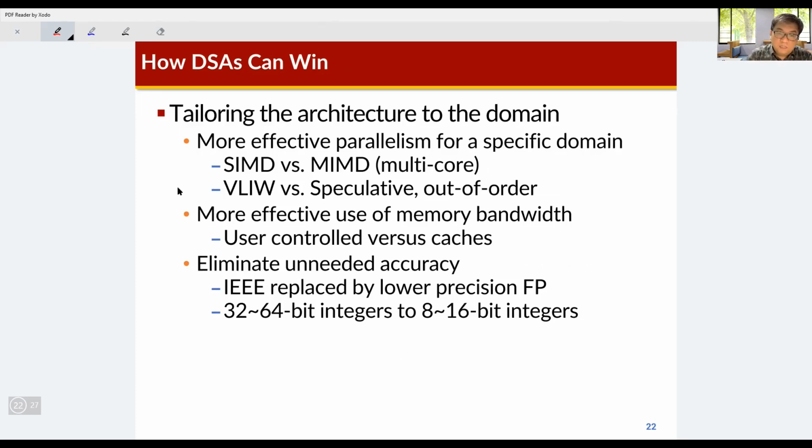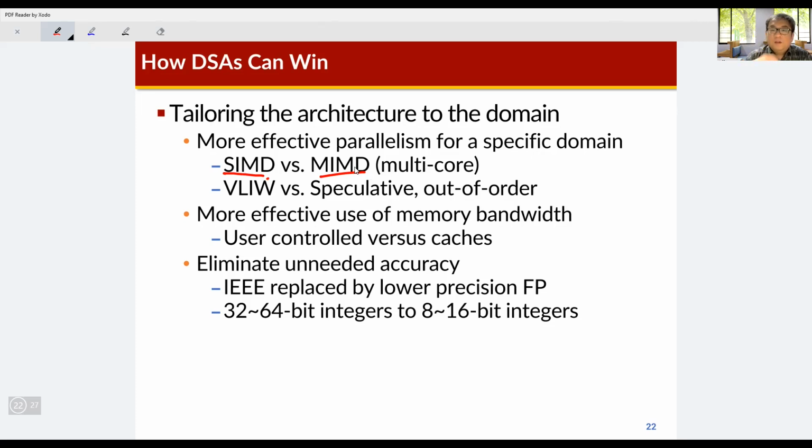We can apply the SIMD architecture for parallel processing. And we can also apply MIMD architecture if some applications require fast single thread operation execution by multiple users. So we can select the appropriate architectures based on the characteristics of a domain.